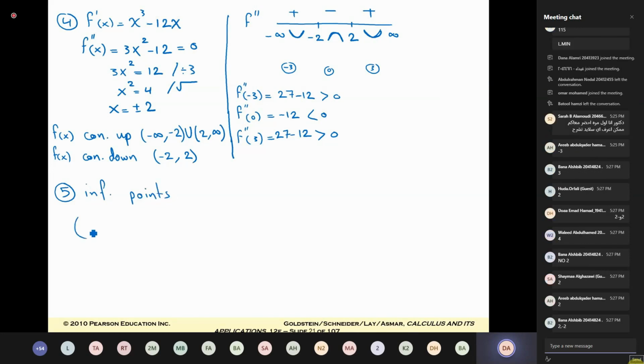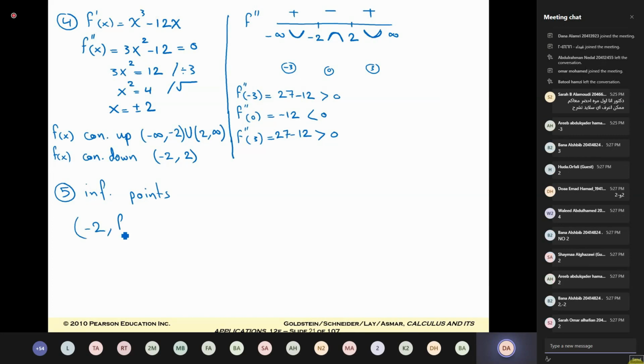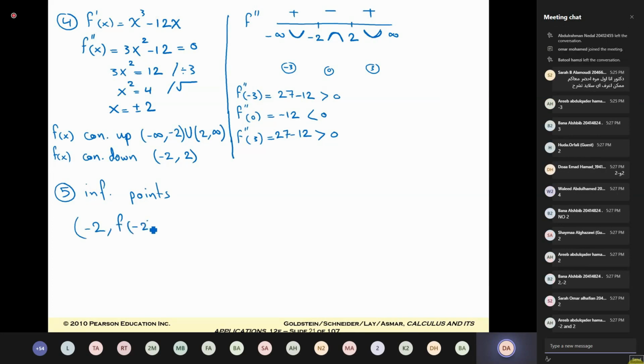The first one is negative 2 and f of negative 2. The second one is 2 and f of 2, because around these points the sign changes from positive to negative and from negative to positive. So from concave up to down, and from down to up. And we need to find f of 2 and f of minus 2.